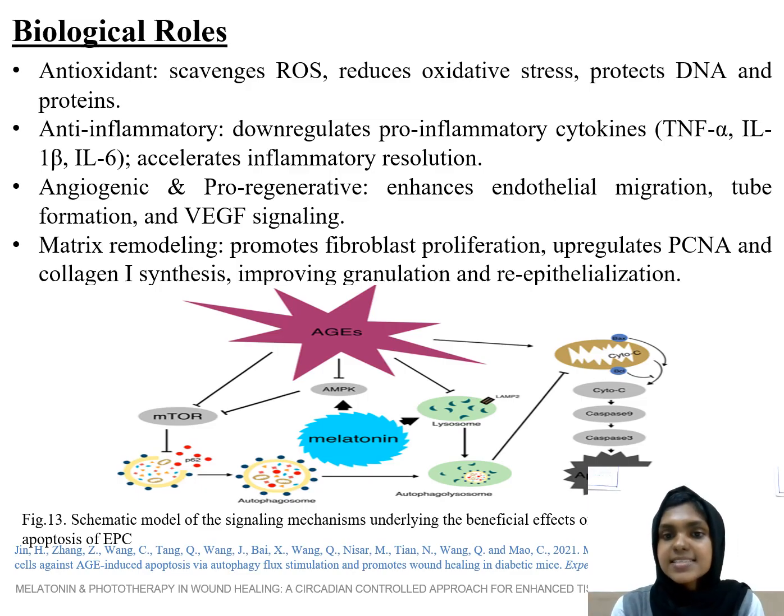It means it enhances endothelial migration, tube formation and VEGF signaling. Then it also helps in matrix remodeling, promotes fibroblast proliferation, upregulates PCNA and collagen 1 synthesis, improving granulation and reepithelialization. And this figure shows how these biological roles are activated through melatonin.